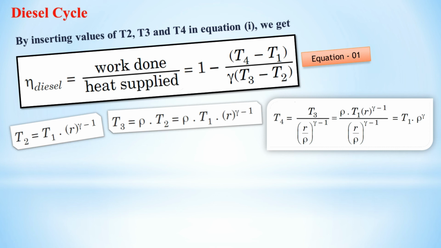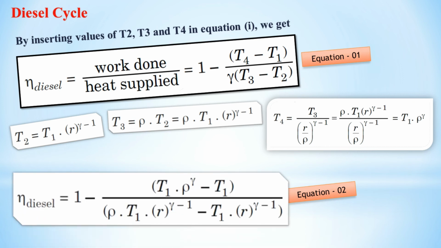The simplified form of diesel cycle efficiency equal to 1 minus, here we put the value of T4 equal to T1 into rho raised to gamma. T1 is there already. Here you can see that all the terms are in terms of T1.